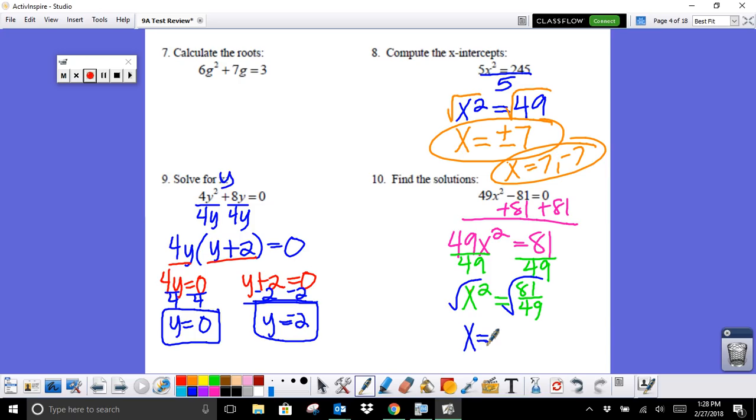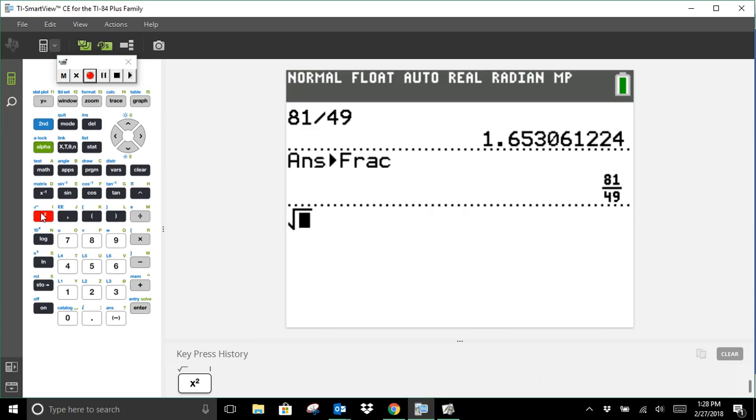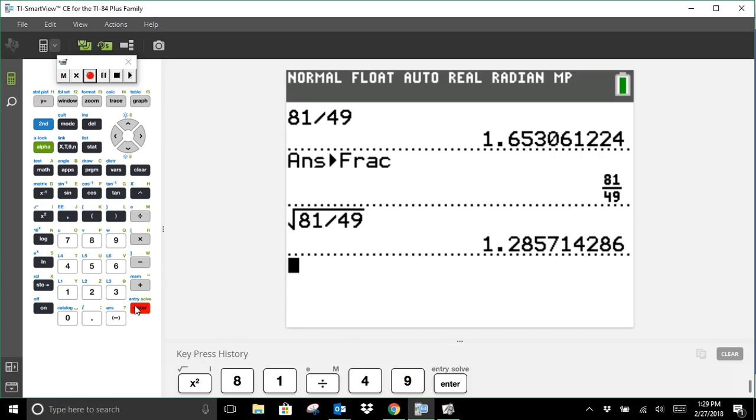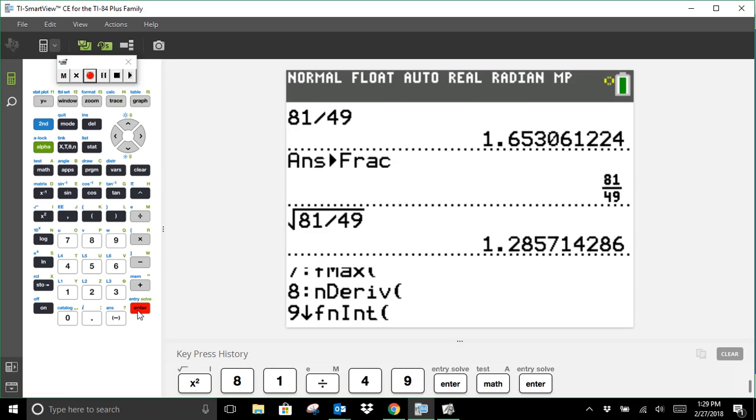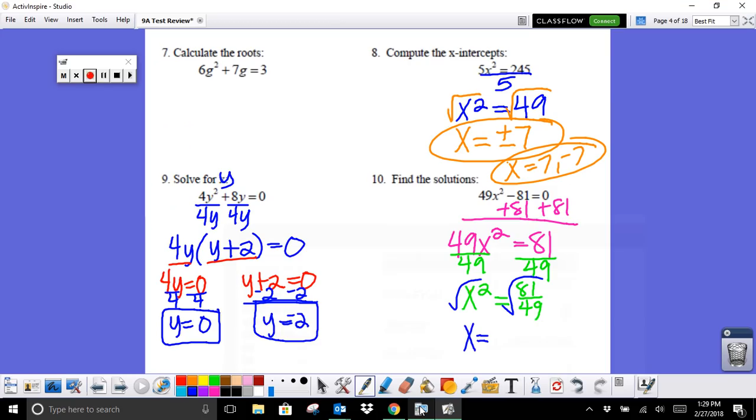You can actually type this in the calculator as the square root of 81 divided by 49. It's going to give you a gross number. You need to get it to a fraction. So math, enter. So it's 9 over 7, but what you can't forget is that not only is it positive 9 over 7, but it's also negative 9 over 7. So that is one way to work this one.